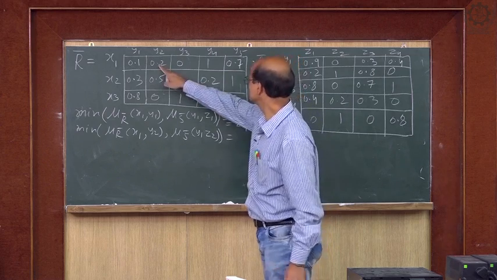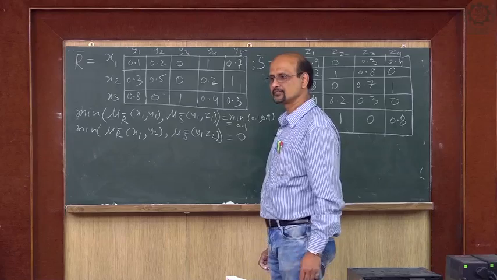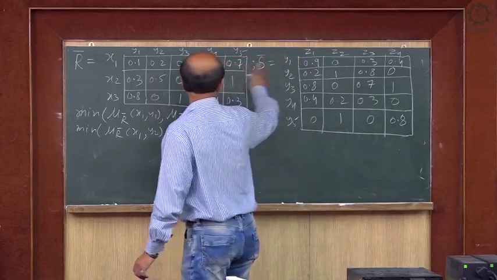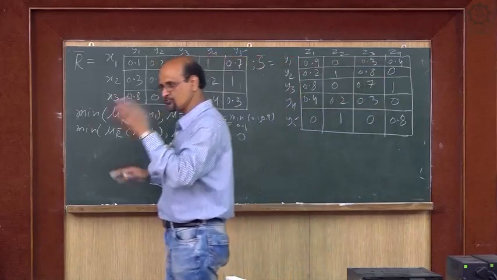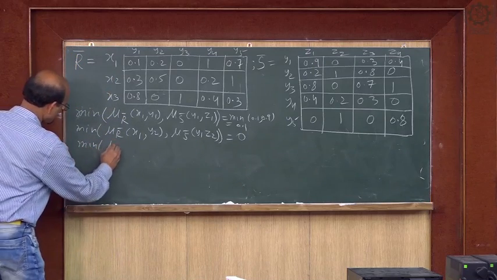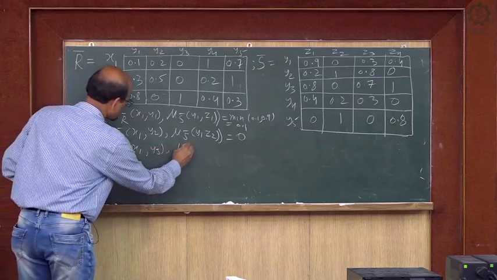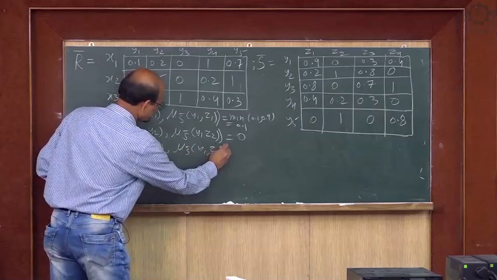So what is that? 0.2 and 0, that is 0. Understanding? Then let me write first this row only, then you will understand what is happening actually. Minimum of mu r bar x1 y3 and mu s bar y1 z3.